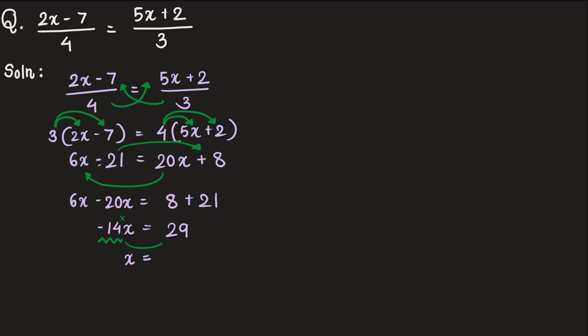Now going on this side it would divide. So let us write it as 29 divided by 14, and this would get a minus sign. So our answer would be x is equal to minus 29 by 14.